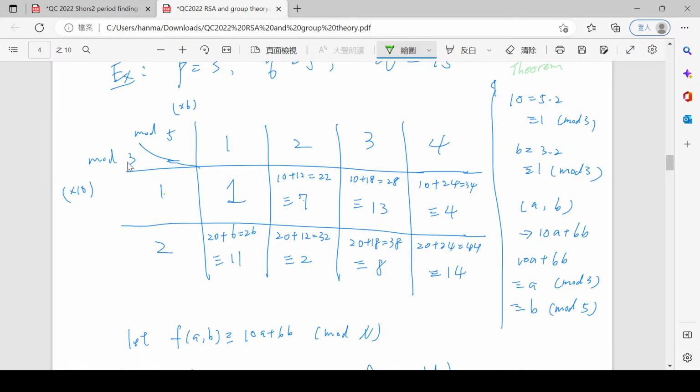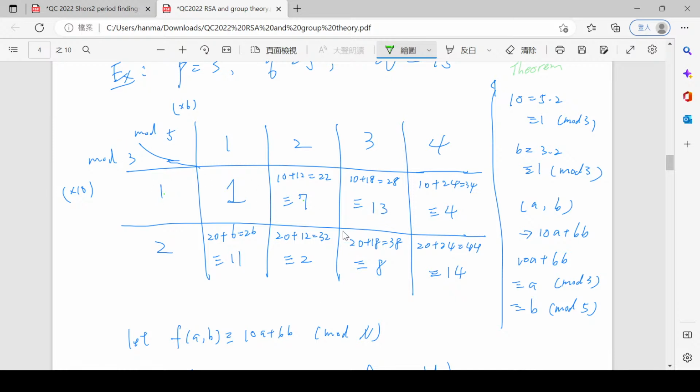And 9 is not good again because 9 has a factor of 3. And 10 is not good because 10 has a factor of 5. Then we have 11: 11 mod 5 equals 1, and 11 mod 3 equals 2. 12 has a factor of 3. And 13 mod 5 equals 3, 13 mod 3 equals 1.